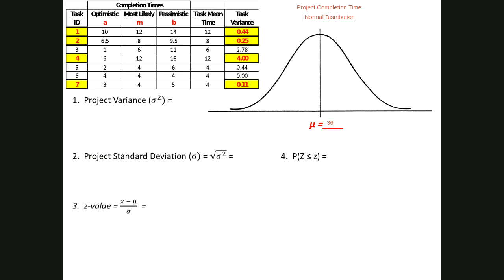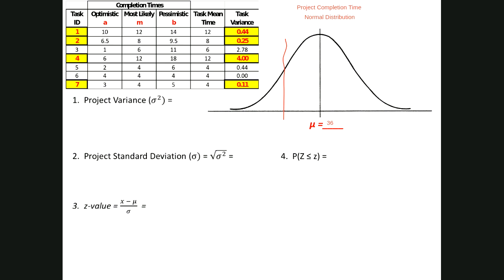You'll notice that 34 weeks is less than 36 weeks, so at some point to the left of our mean is this point 34.